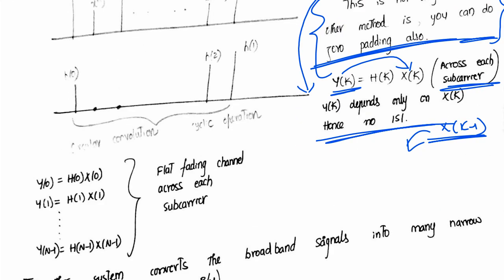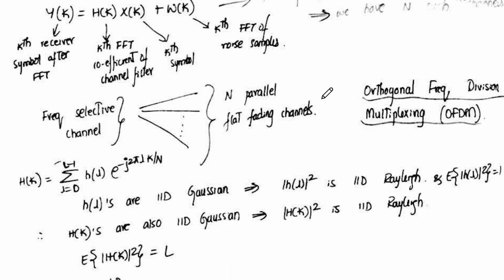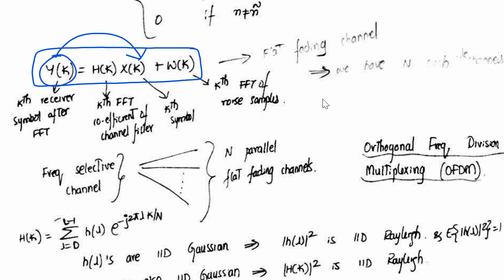So basically, once you perform the DFT operations at the receiver, you will get these equations across each subcarrier, and y of k depends only on x of k, and hence there is no ISI. This particular equation corresponds to a flat fading channel.